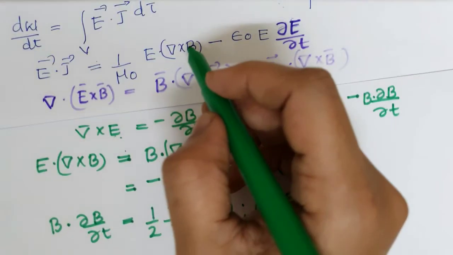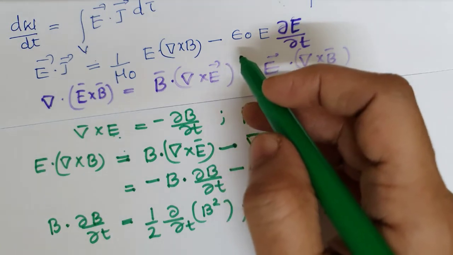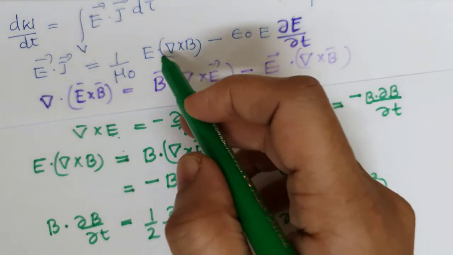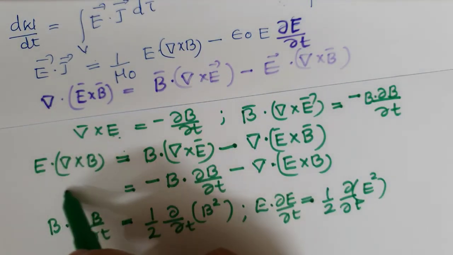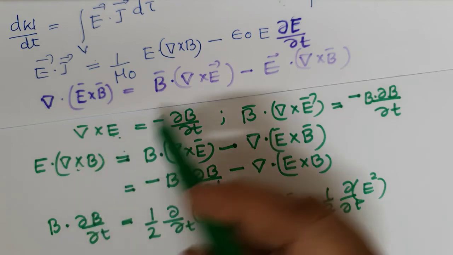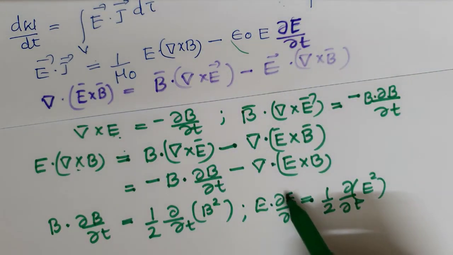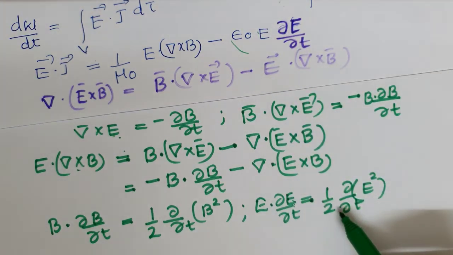E dot J is equal to 1 by mu 0 E dot (del cross B). Then E dot J becomes, making all the substitutions, E dot (del cross B) from this equation, and instead of epsilon 0 E dot dou E by dou t, we write half dou by dou t of E square.